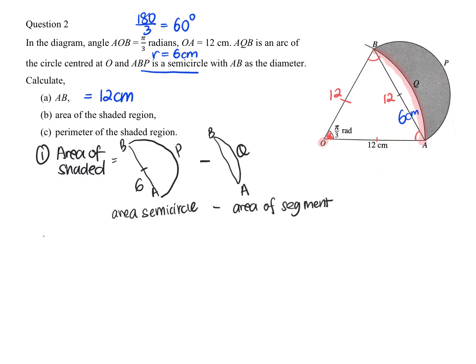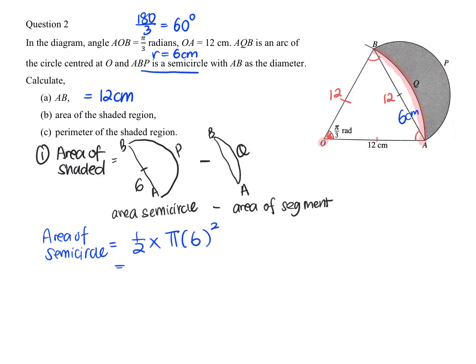So number one, the area of the semicircle will be, since it is a semicircle, you need a half. Area, that will be pi r squared. Pi, the radius is 6 cm squared.